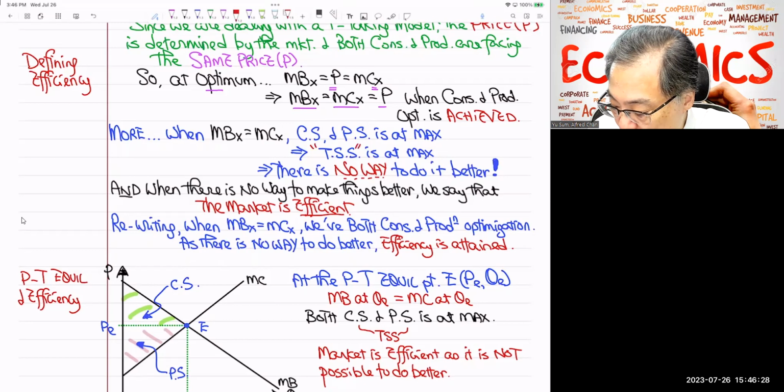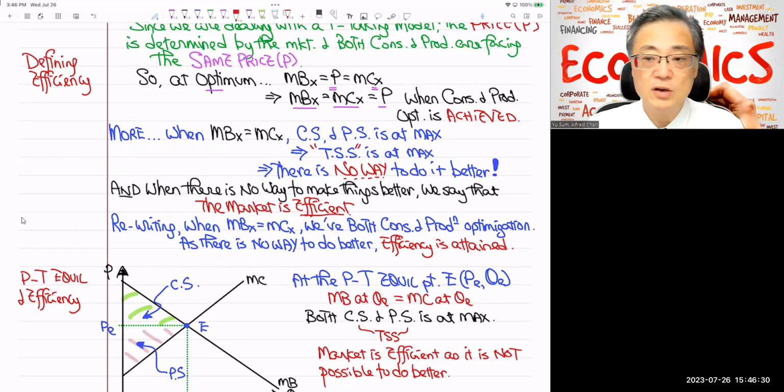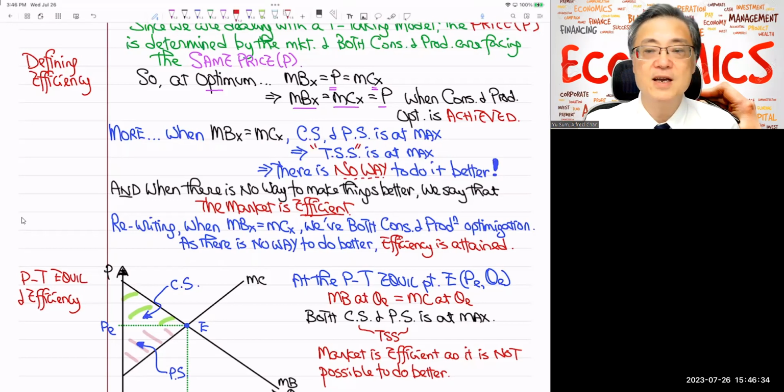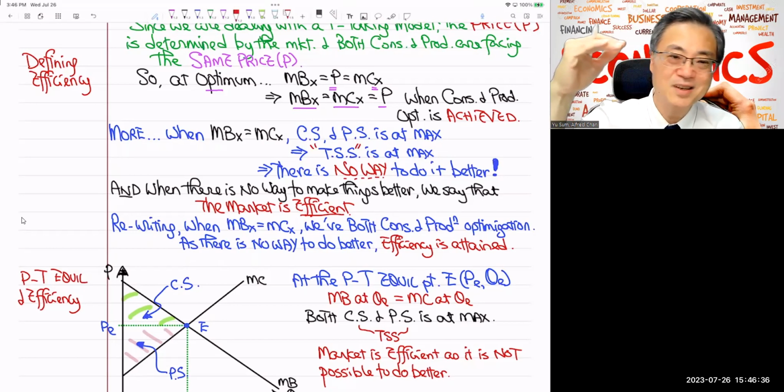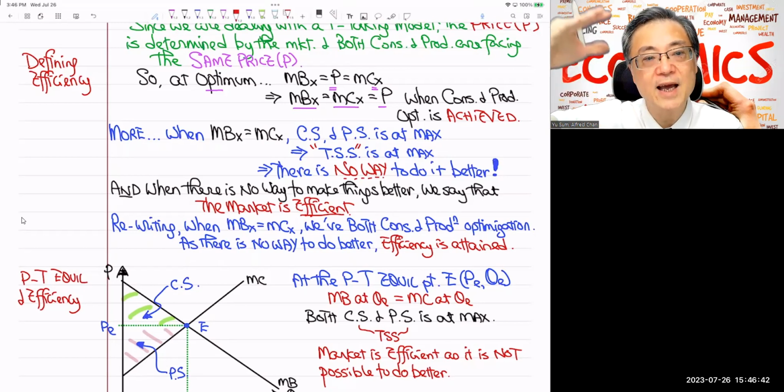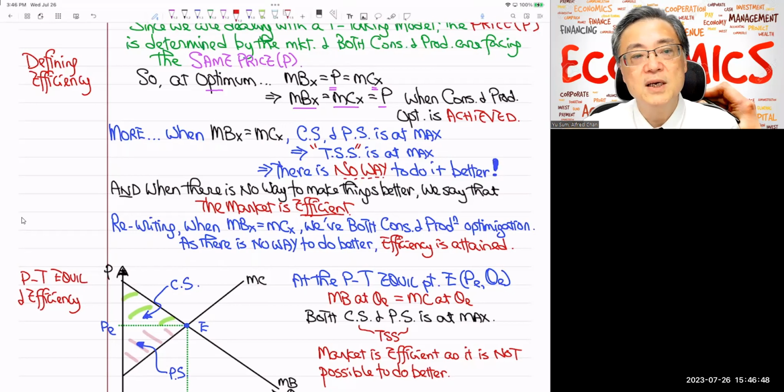Total social surplus is therefore also at maximum. So everything now is at the maximum level, and that means there's no way you can exceed this level. It's already at maximum. The economy is already doing the best it can do.